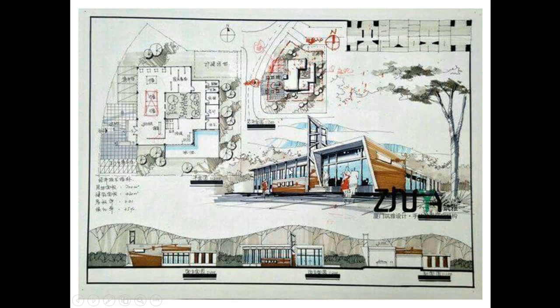Also, he used a two-point perspective, and we can see the two main elevations in this perspective, and this is a human eye perspective. So here is a combination of pencil colors with ink.